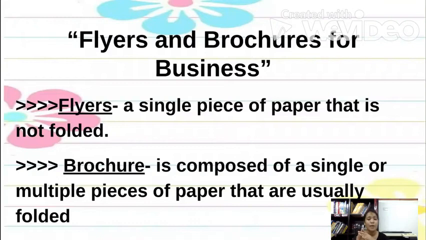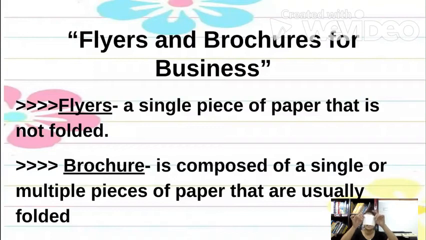For brochures, the difference between the two is that a brochure is composed of a single or multiple pieces of paper that are usually folded. So it is composed of multiple papers, or there's a single paper but it is folded. Okay, for example, we have flyers, so one piece of paper.